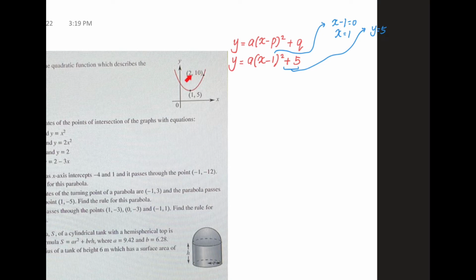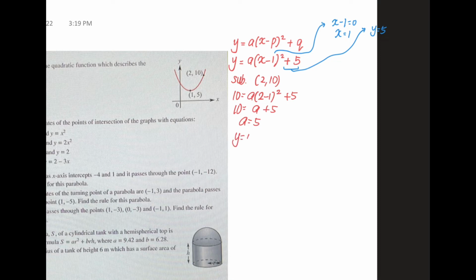And we have the a here, and to find the a, we use the point here, 2, 10. So we use 2, 10, we substitute here and here. Let me write down first. So substitute 2 and 10. So y is 10, x is 2. So 10 equal to a plus 5, a equal to 5.